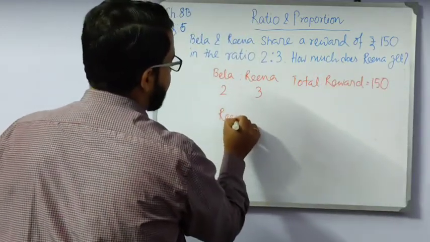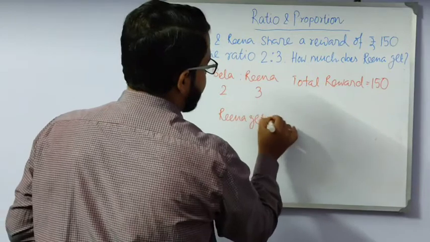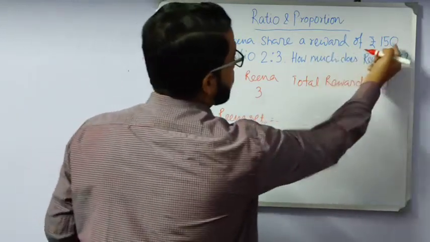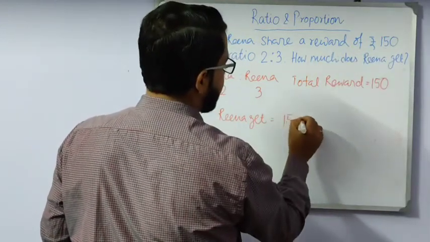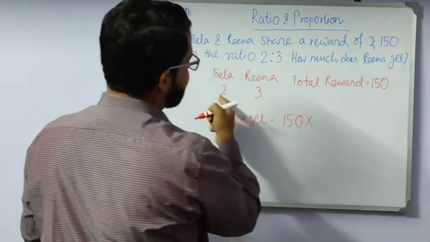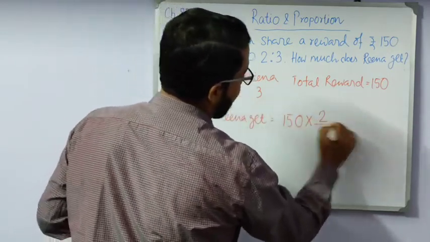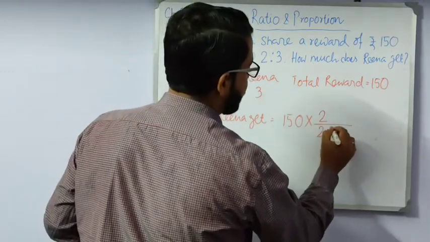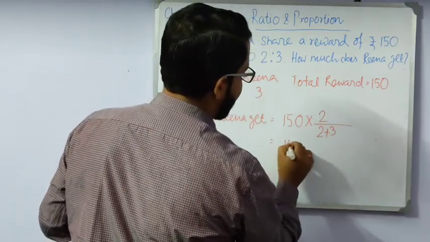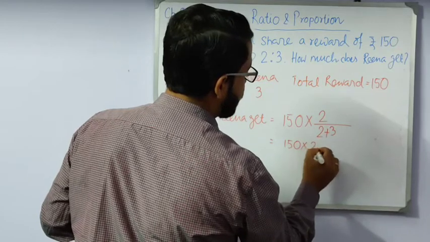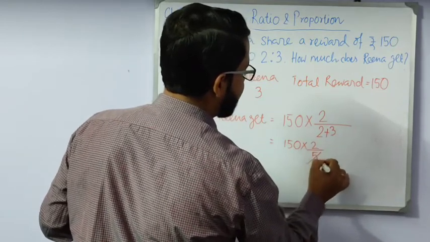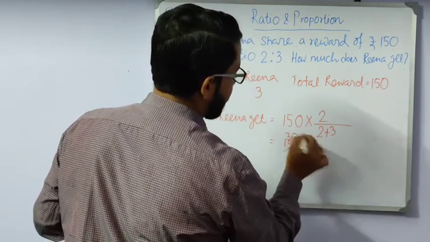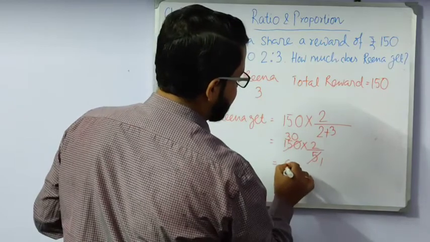Reena gets the total amount into Reena's ratio upon the sum of their ratios, that is 2 plus 3. So 150 into 2 upon 5, cancelling, that is 60.